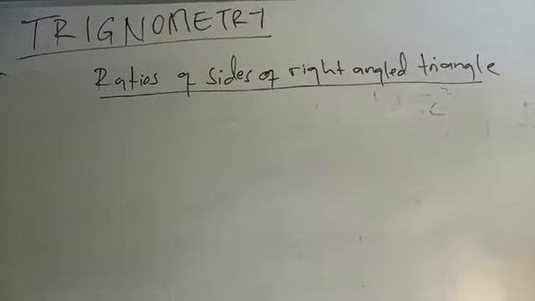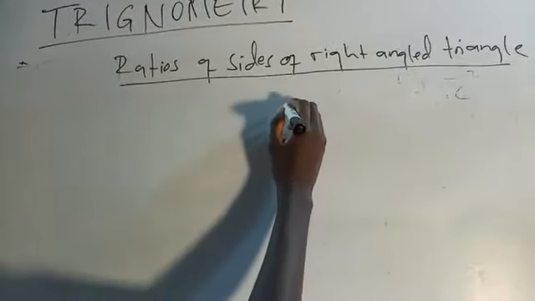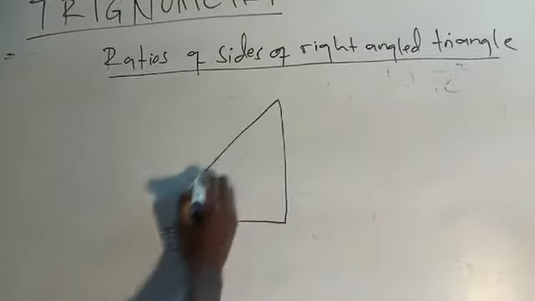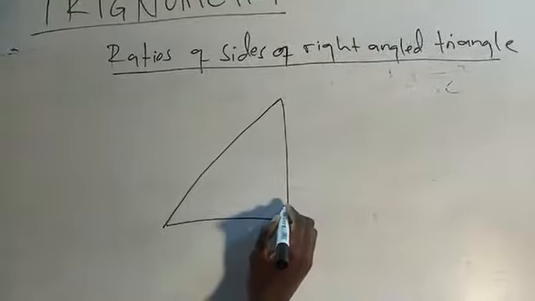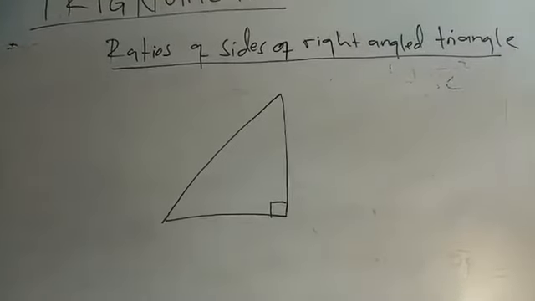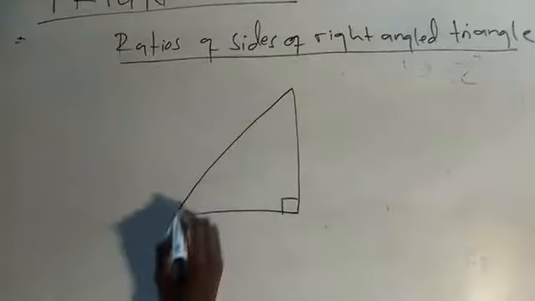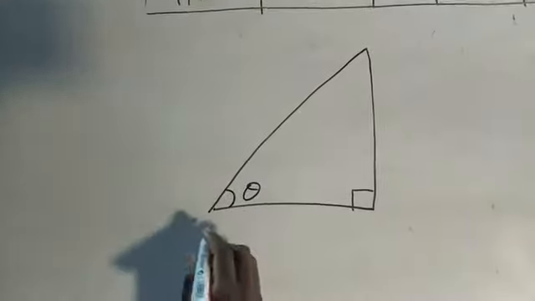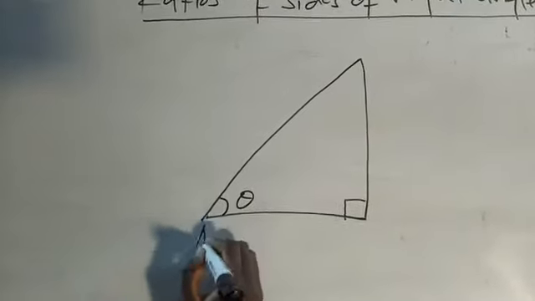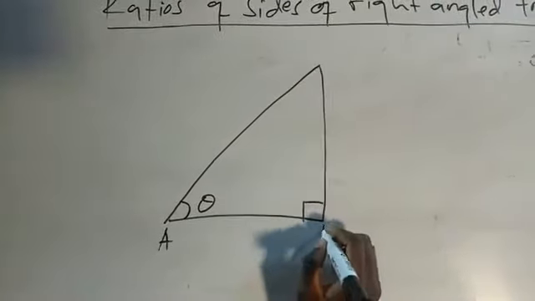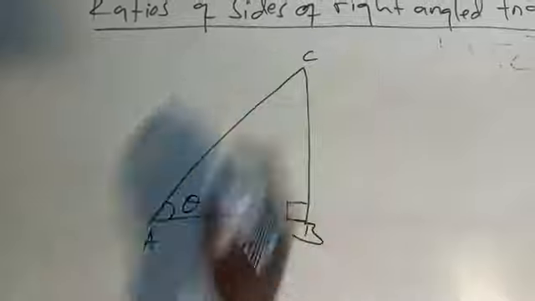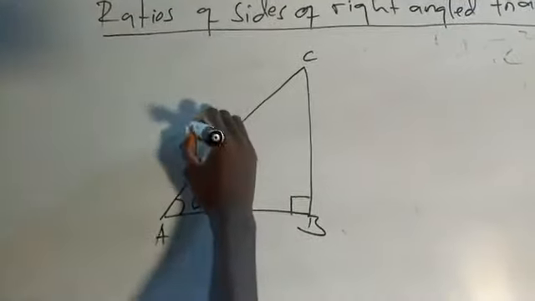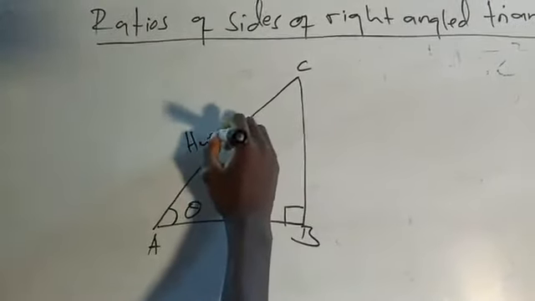So if we have our right angled triangle here, naming this angle theta, and we name this one A, this one B, and this one C. So this side will be what we call the hypotenuse.